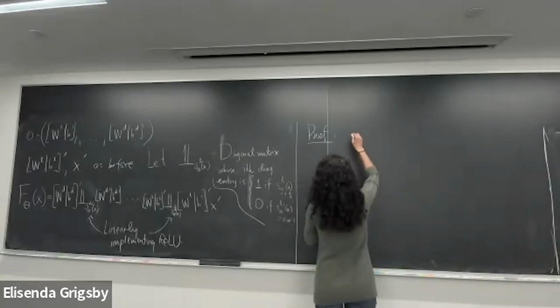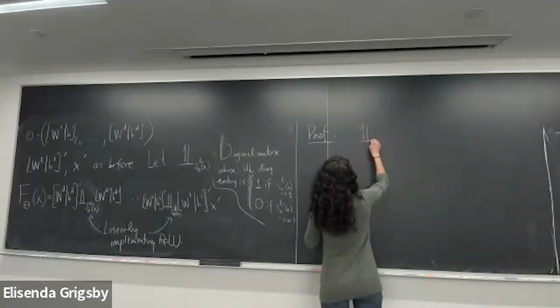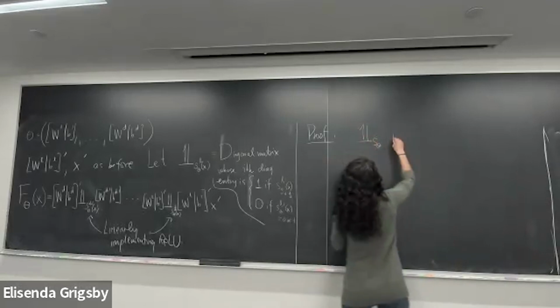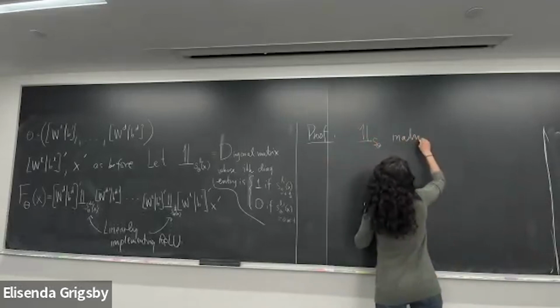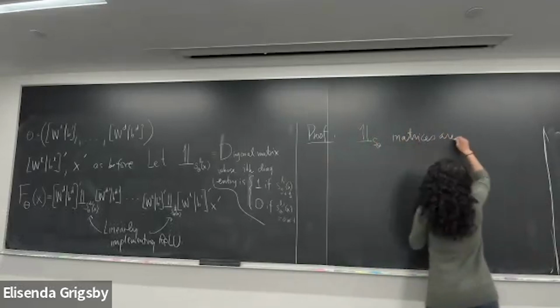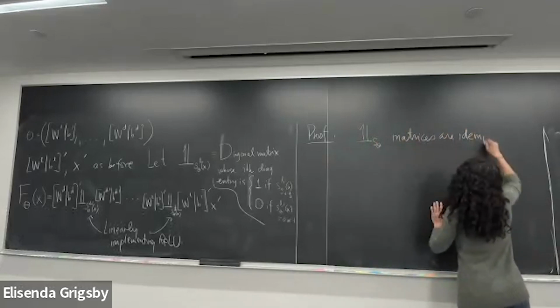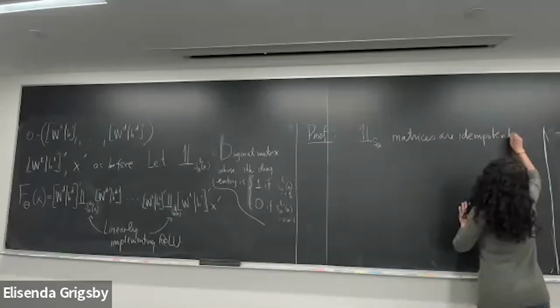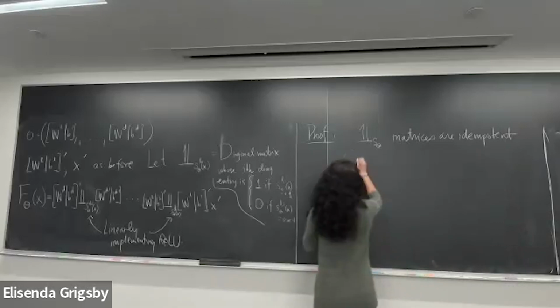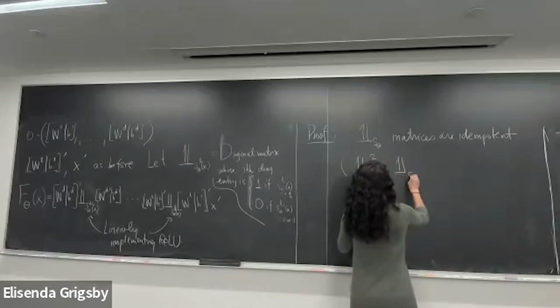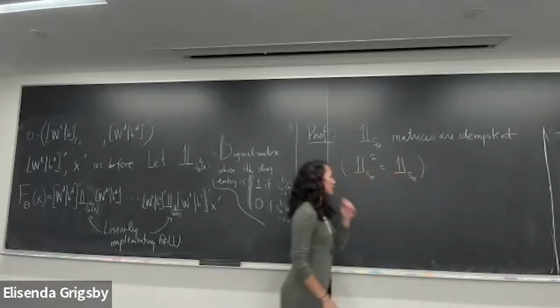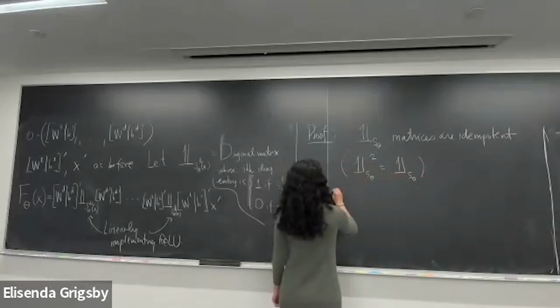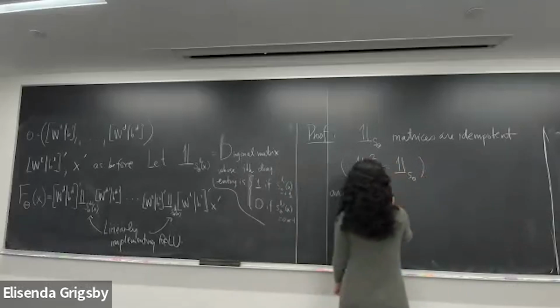So these matrices are idempotent. They all have the property that their square is themselves.